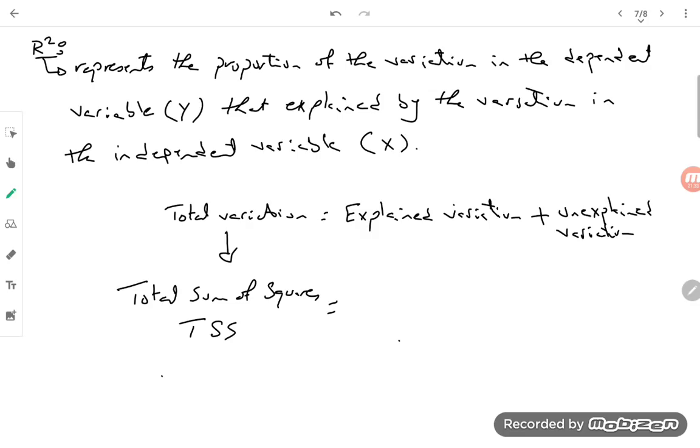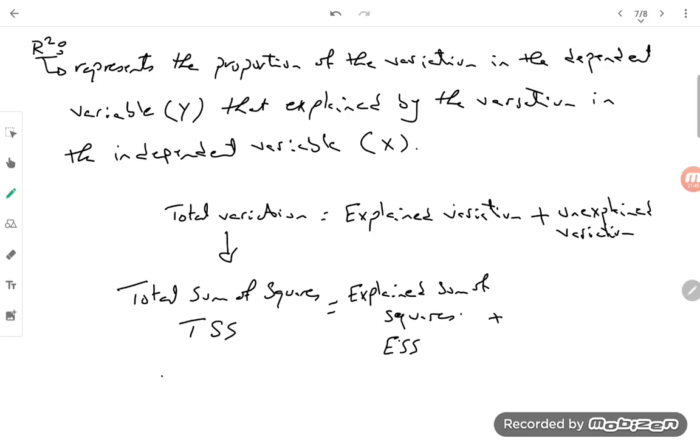And the explained variation is known as explained sum of squares, or ESS.